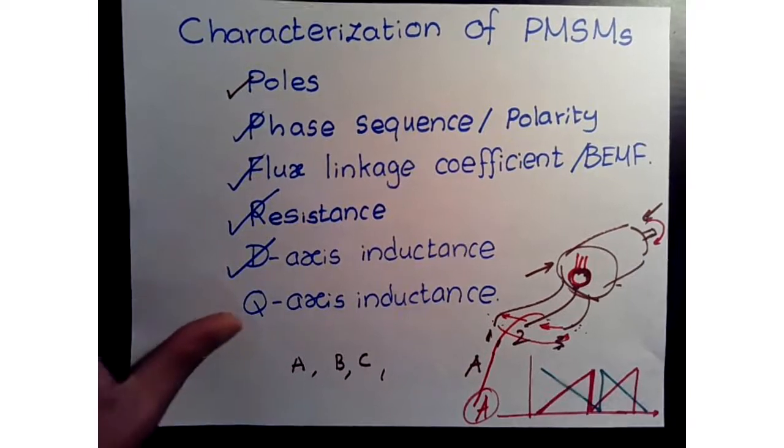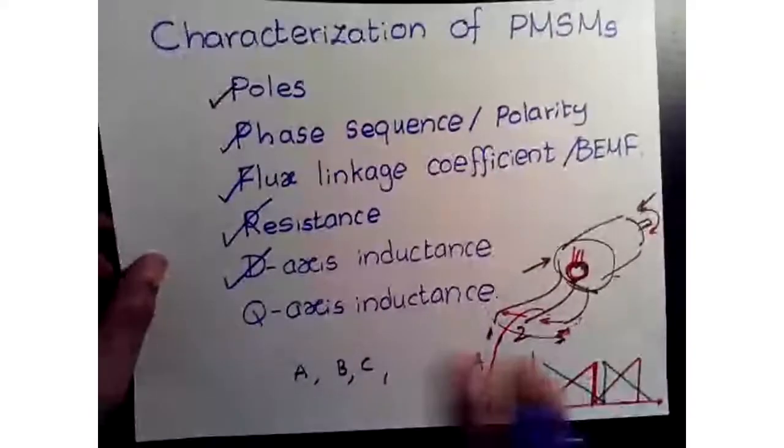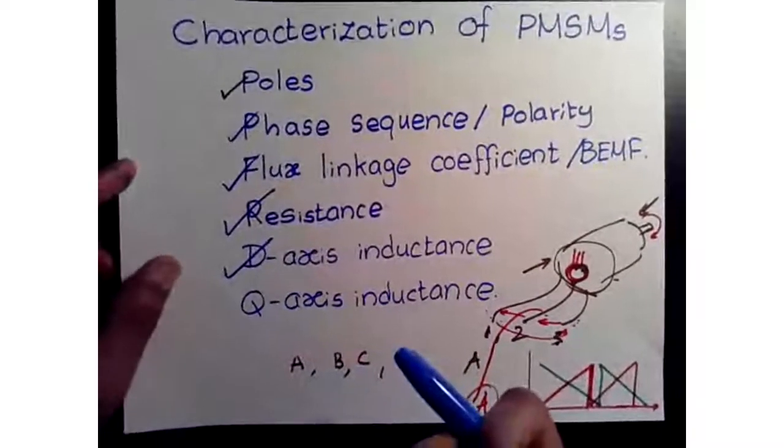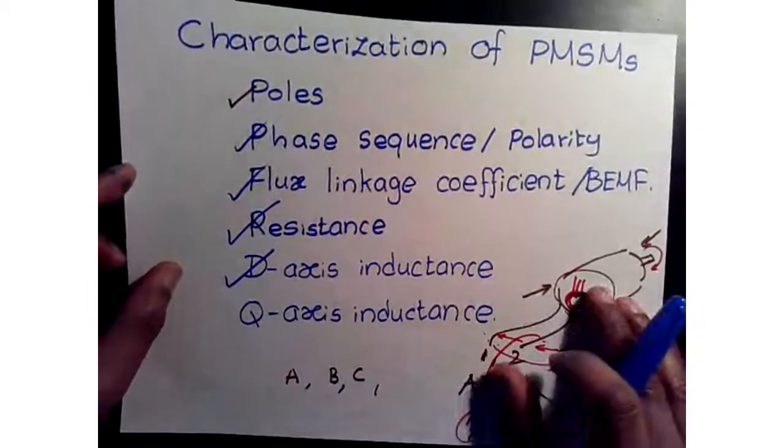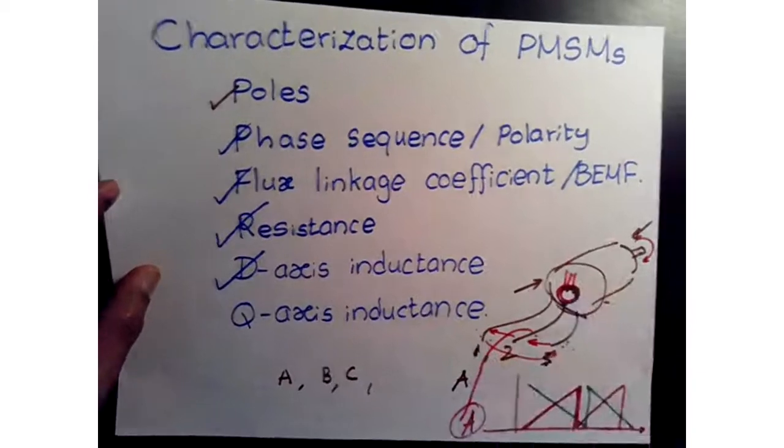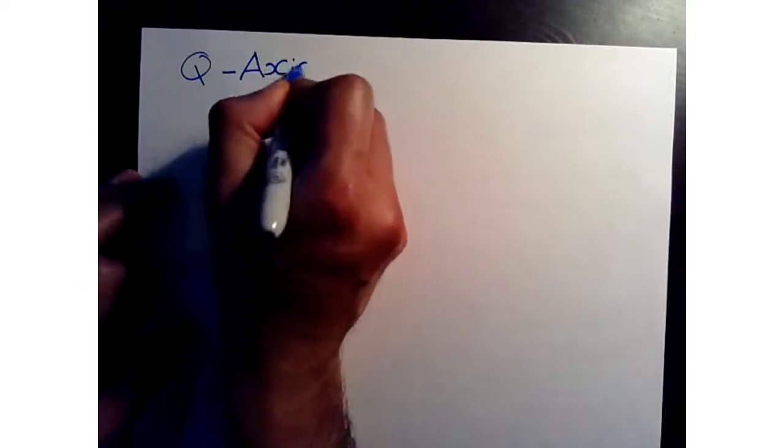There are a couple of different ways you can apply currents in a different direction, different phase sequence to align the rotor. But there's a very easy method to do this. You have already locked your rotor to measure the d-axis inductance, right?